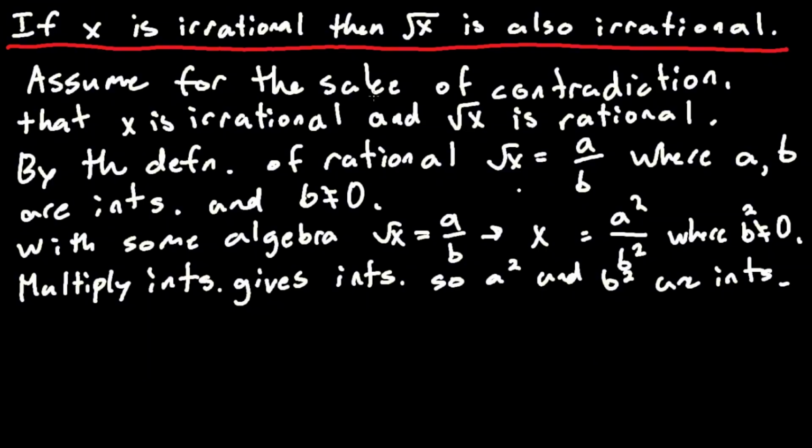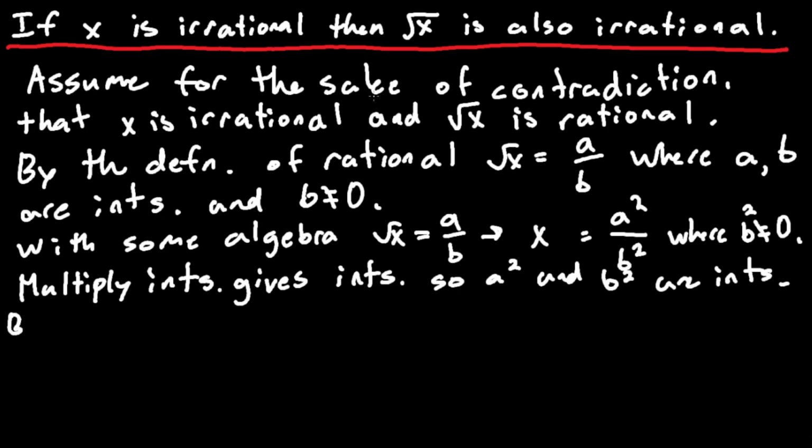If x can be defined by an integer over an integer, doesn't that mean it's rational? By the definition of rational, x is also rational because we can express it as an integer over an integer. But x is irrational. That is one of the assumptions we had at the beginning. Therefore, this is a contradiction.